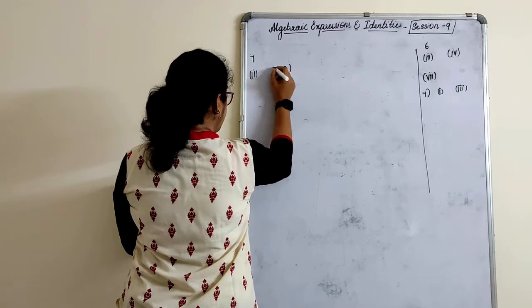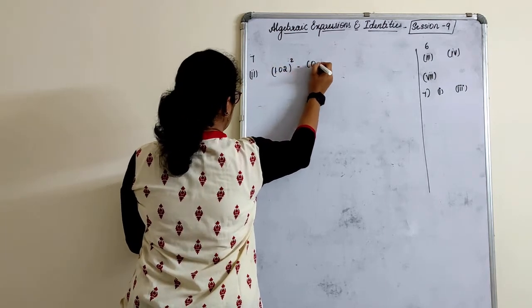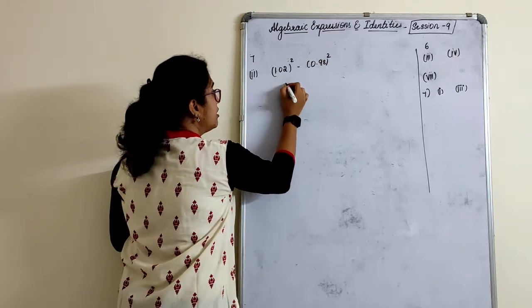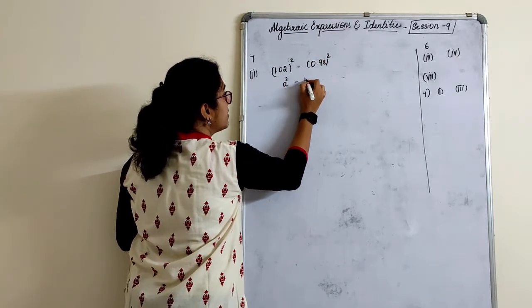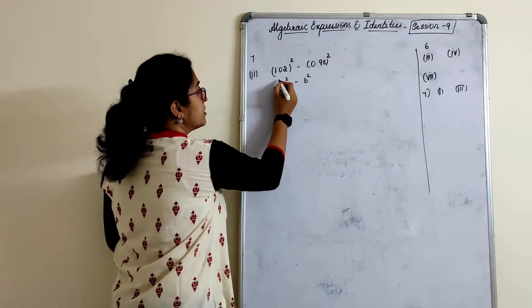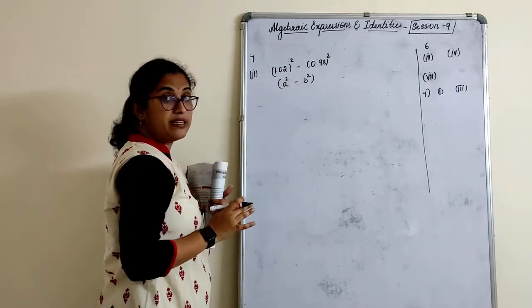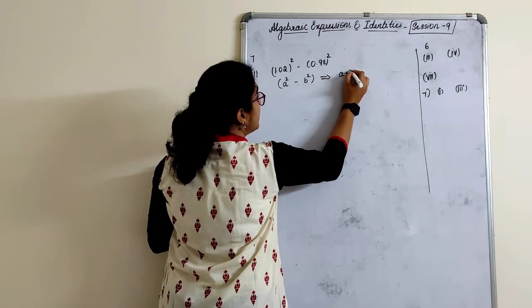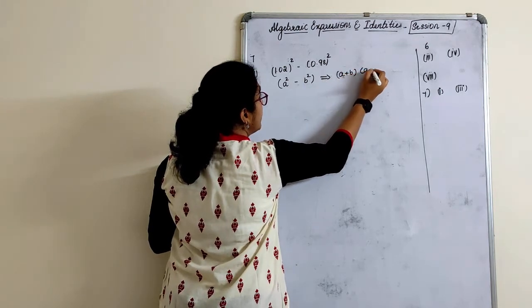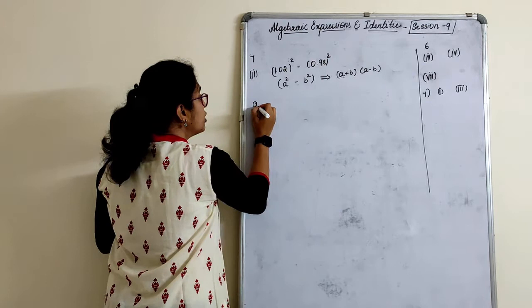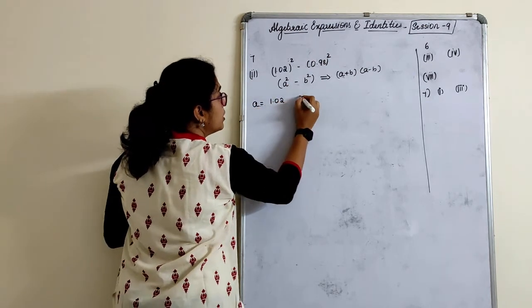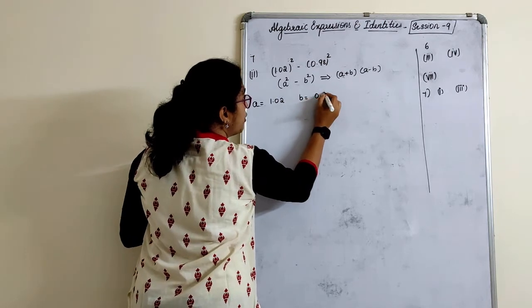1.02 whole square minus 0.98 whole square. Right, children? They have already given you a square minus b square. This is of the form a square minus b square. We have to write the answer in terms of a plus b of a minus b, where your a term is 1.02 and b term is 0.98.